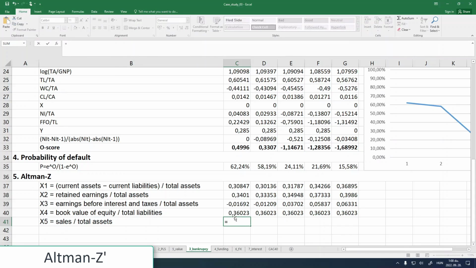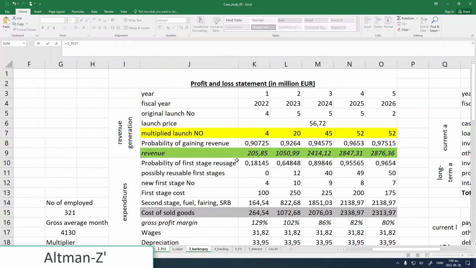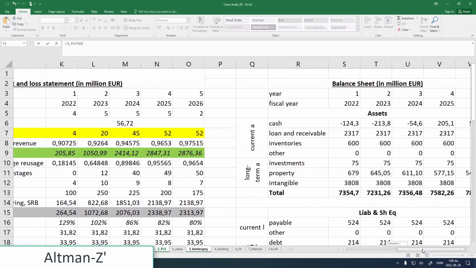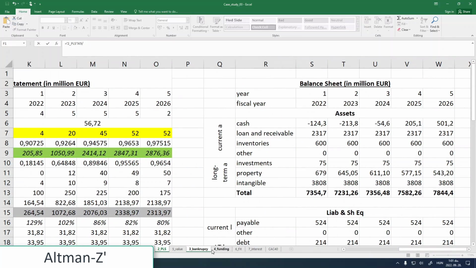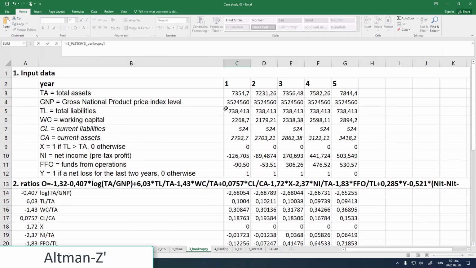Sales to total assets. Obviously we don't have classical sales, but we have them because we have revenues here, so sales divided by total assets.